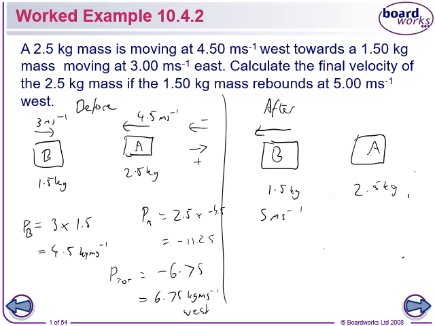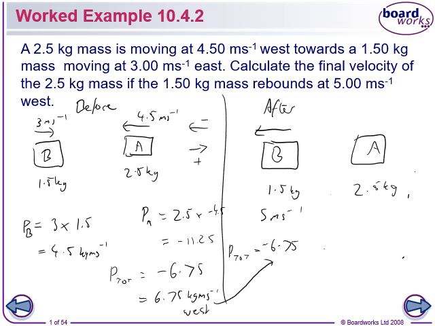So that means our momentum after the collision must also be exactly the same. Negative 6.75 is our total momentum.